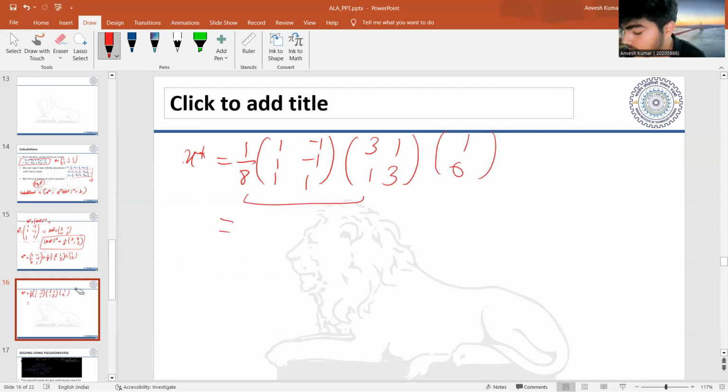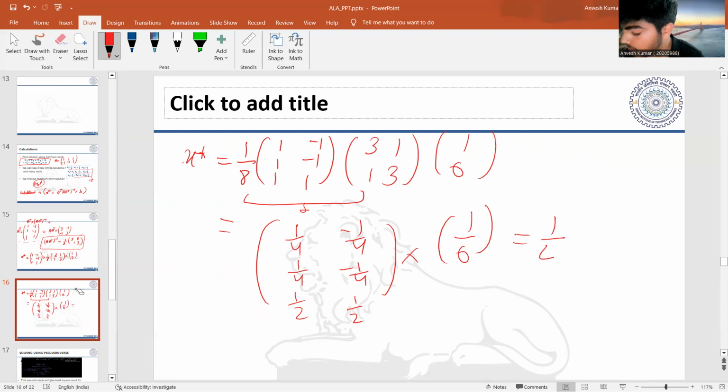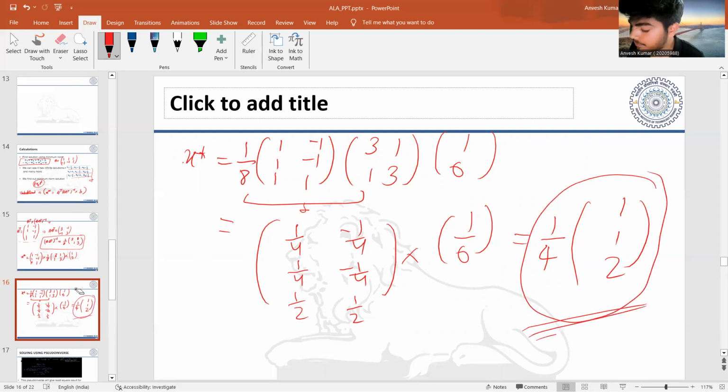This whole thing comes out to be 1 by 4, 1 by 4, half, minus 1 by 4, minus 1 by 4, half, and let's multiply with 1 and 0, which comes out to be 1 by 4, 1, 1, 2. So our optimal x, minimum norm x, will be this.